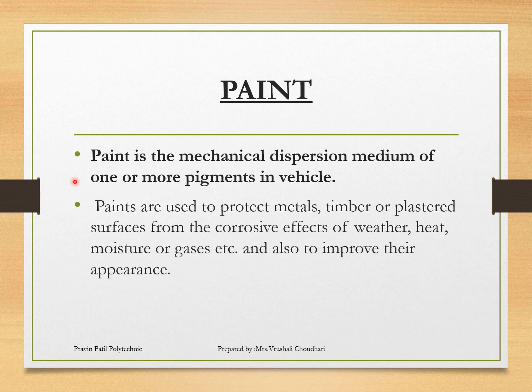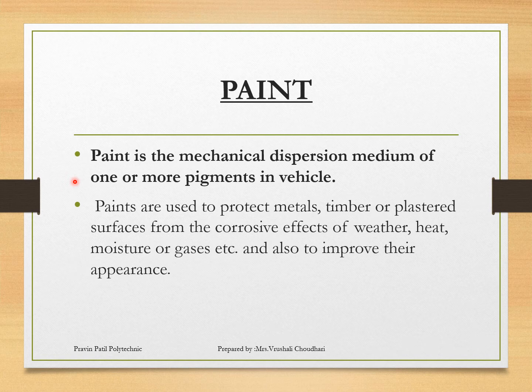Paints are used to protect metal, timber, and plastered surfaces from the corrosion effect of weather, heat, moisture, gases, and to improve their appearance. We are applying paint on the metal surface, so metal will not contact the atmosphere. It will not contact the moisture. As it does not contact the moisture, it does not undergo any chemical reaction which leads to corrosion.